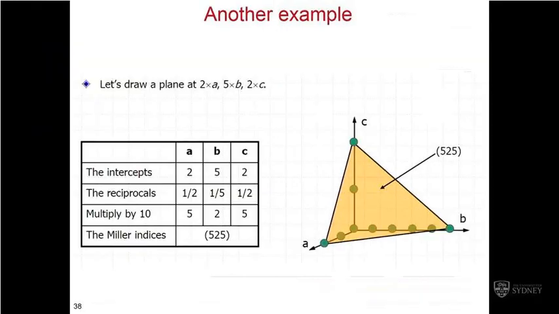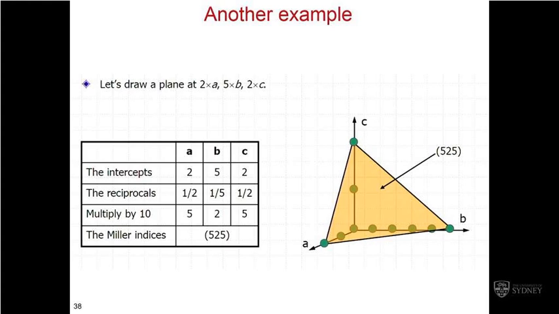Finally. Sorry about that. Thank you for your patience. This is just one more example, and I think you will all be kind of sick of it. Here you are given another plane that you have to identify the Miller indices of, A, B, and C. The procedure: identify the intercepts. 1, 2, 2 here, along the B-axis, 5, 1, 2, 3, 4, 5, and C, 2.